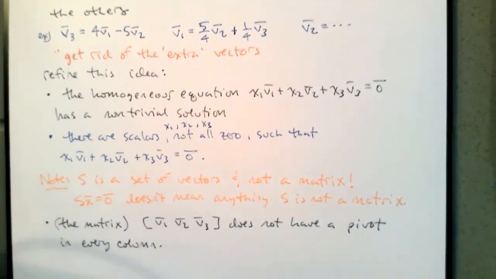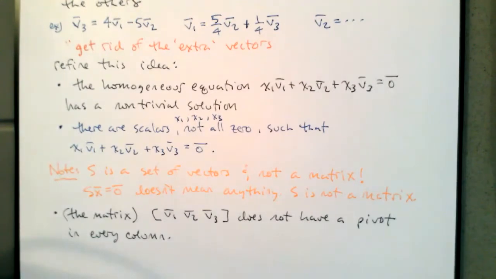If we want to talk about a matrix and pivots, we're going to have to define what matrix we are talking about. What matrix does not have the pivots? Because S is not a matrix. S does not have any pivots. S is a set of vectors and not a matrix. I can't use it in an equation.